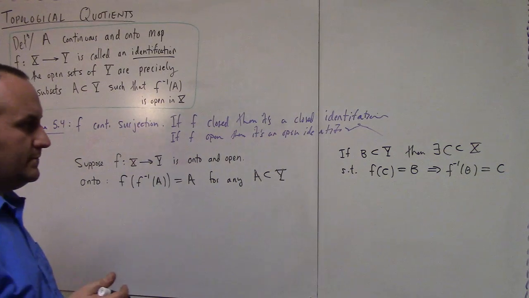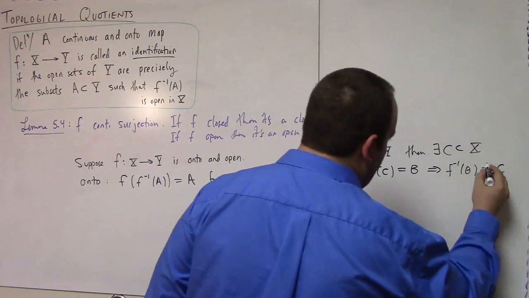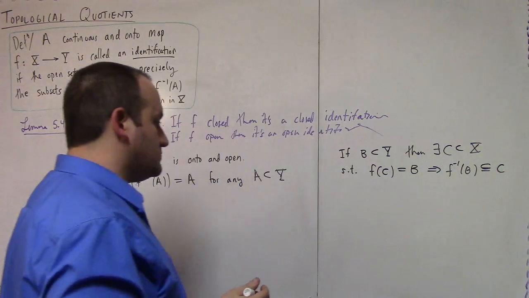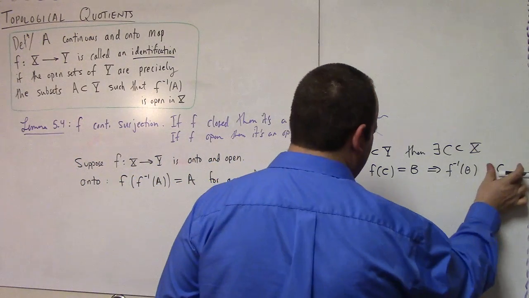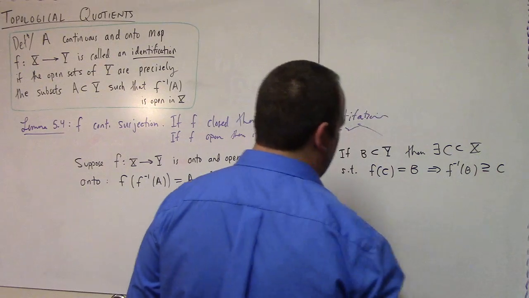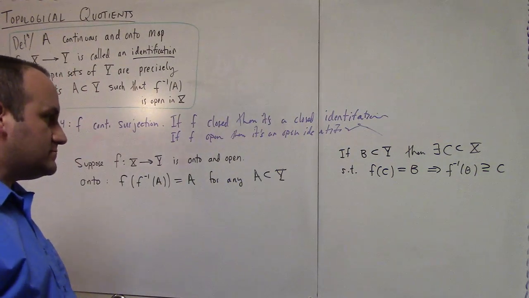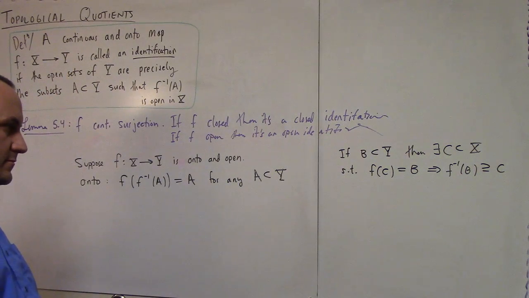Okay. Other way around. We want to show F inverse of B is a subset of C. Maybe not that.